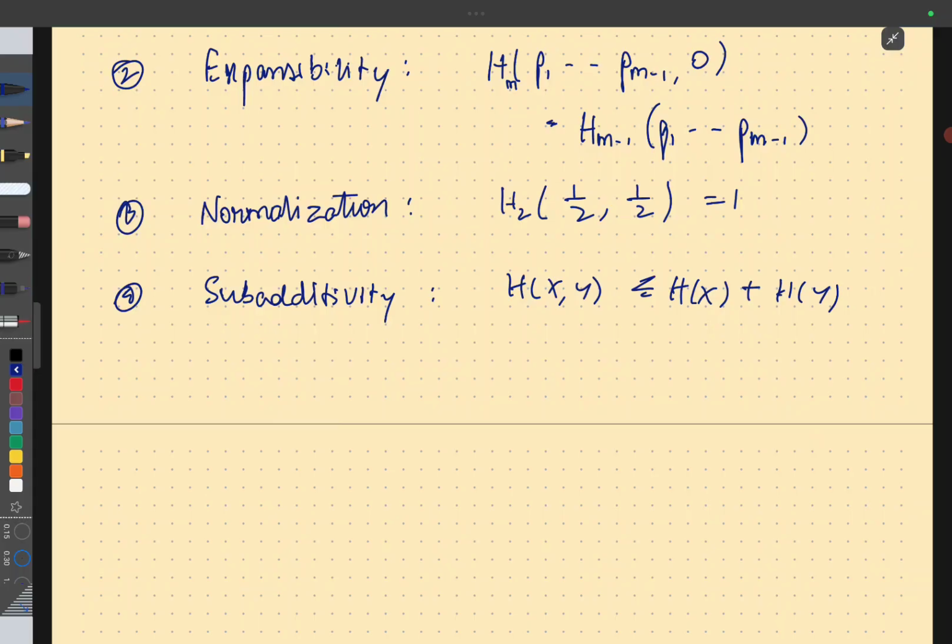So to put that more formally, suppose I have H_mn for two positive integers m and n.